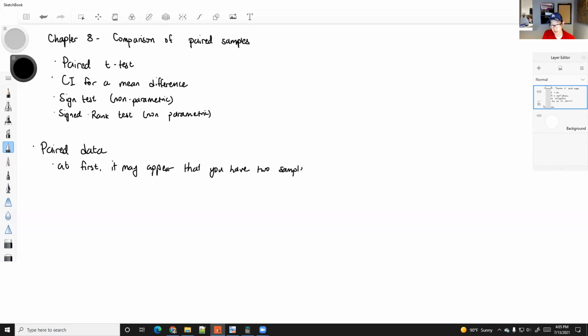But the key difference here is that every observation in one sample is paired to an observation in the other sample.